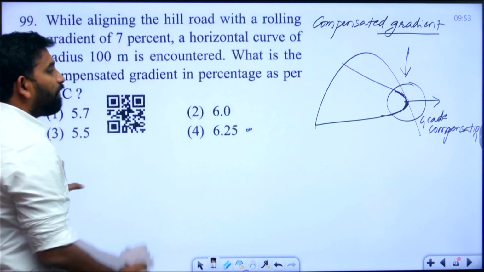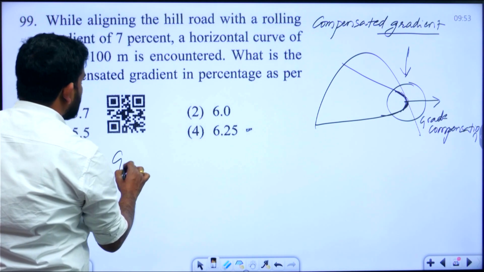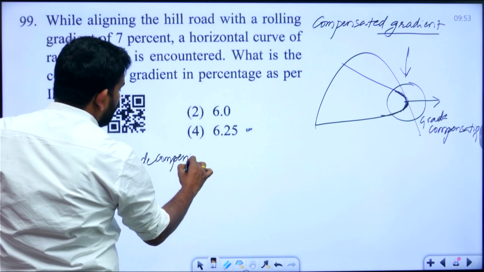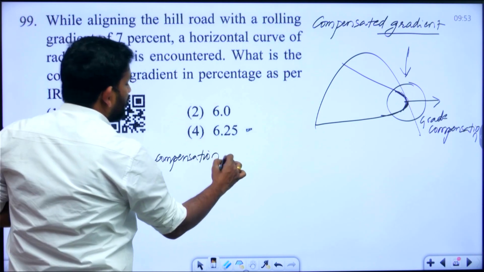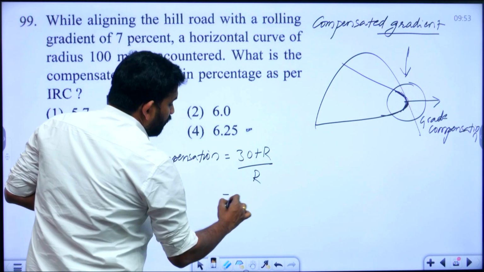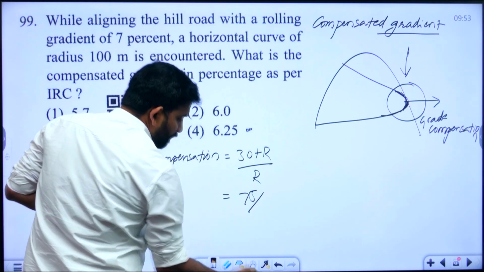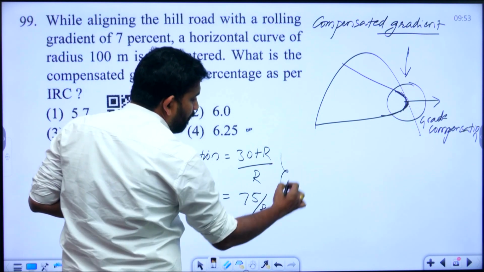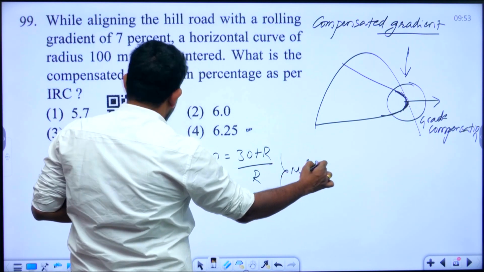So how are we going to find out this grade compensation? Grade compensation is found from a simple formula: (30 plus R) upon R, or 75 by R. We have to choose the minimum of these two values as the grade compensation.